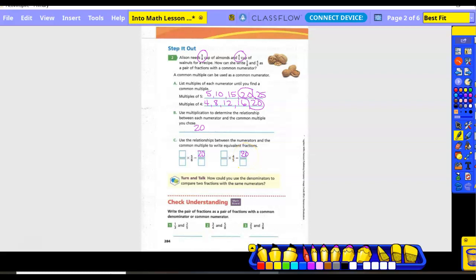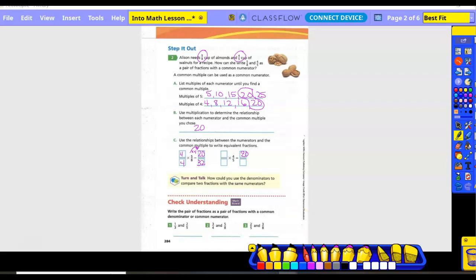So how did I get from 5 to 20? Times 4. So what I do on the top, I do on the bottom. So 4 times 8 is what? 32.